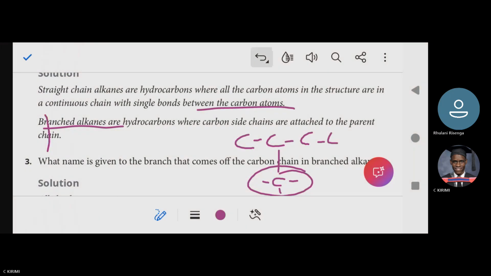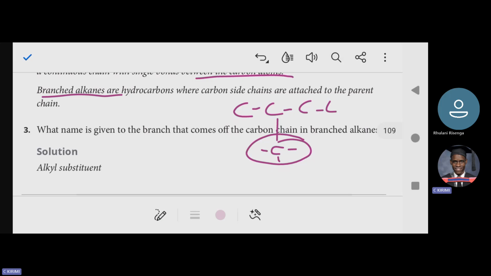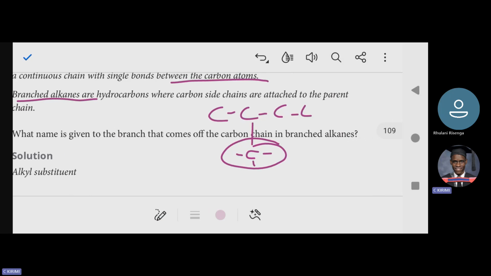Side chain can also be acceptable, but we call it an alkyl substituent. So these are alkyl substituents, meaning any substituent that comes off a carbon chain in branched alkanes.